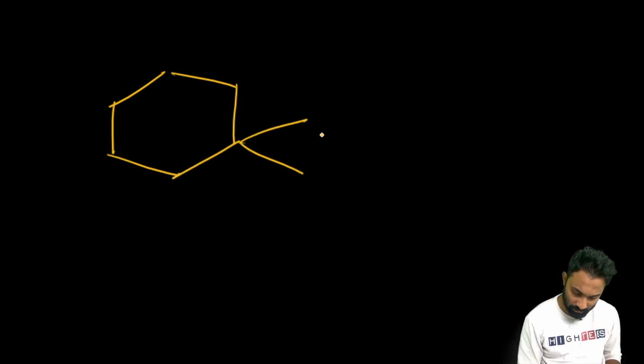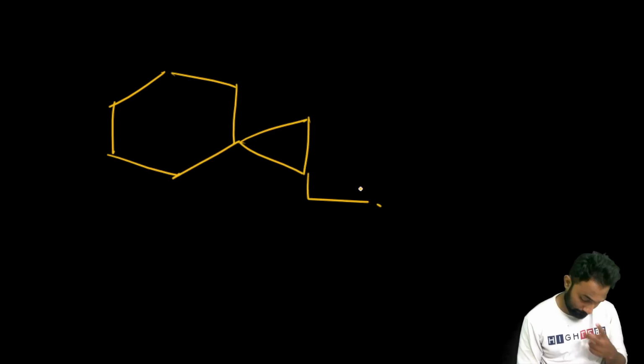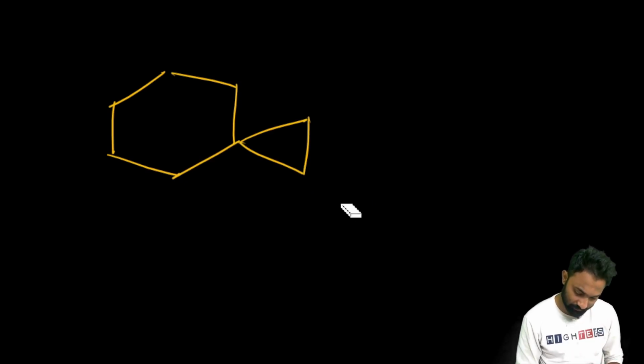Then if any substituent is present, how do we write the numbering for that carbon? Suppose in this manner, one methyl substituent will be taken here, or else an ethyl substituent. From where will the numbering start?